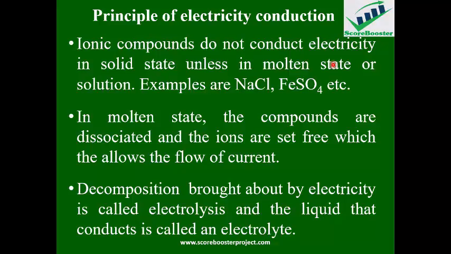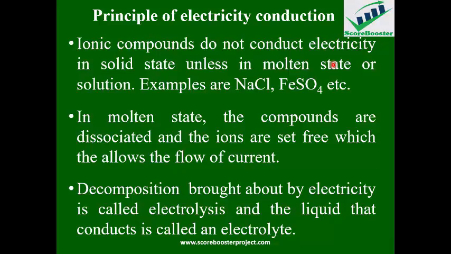Examples are iron sulfate, copper sulfate, sodium chloride, magnesium chloride, magnesium nitrate, sodium nitrate, nickel nitrate, nickel sulfate, mercury chloride. All those ionic compounds, in their solid state, do not conduct electricity because they don't have free electrons or free ions. So if you want them to conduct electricity, then we have to dissociate them into their constituent ions.